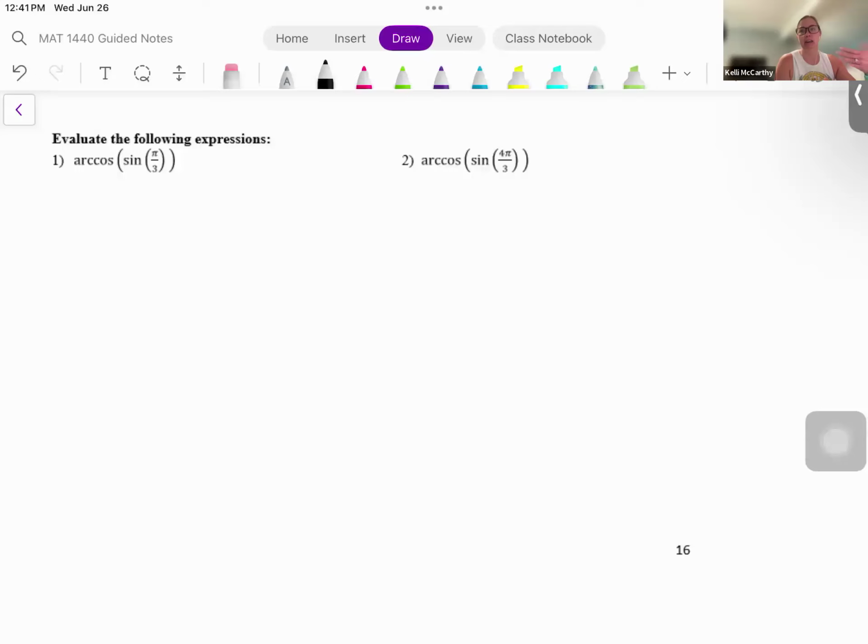We plug in a function value into an inverse trig function to figure out what the angle is. So this whole expression, because that outer function is arc cosine, is going to give me an angle measure. What we want to do is start from the inside and work our way out. So let's first find sine of pi over 3.